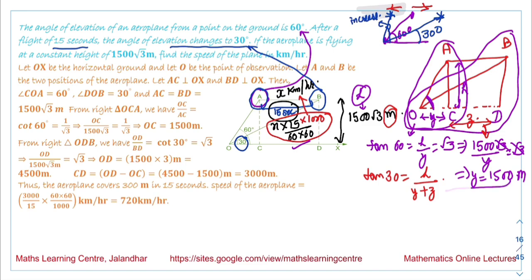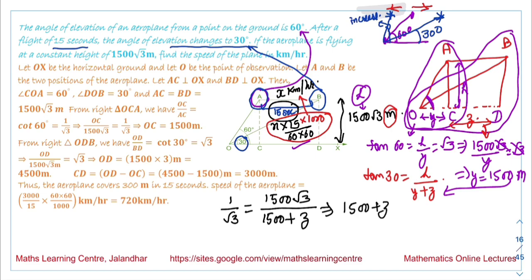If we substitute this value in this equation, we will get tan 30, which is 1 by root 3, equal to h, 1500 root 3, upon the value of y we have, 1500 plus z, which we want to calculate. So this gives us 1500 plus z is equal to 1500 into 3. So we get the value of z is 3000 meters.